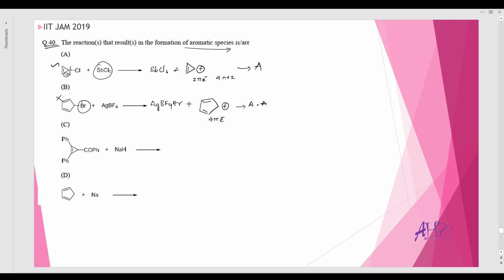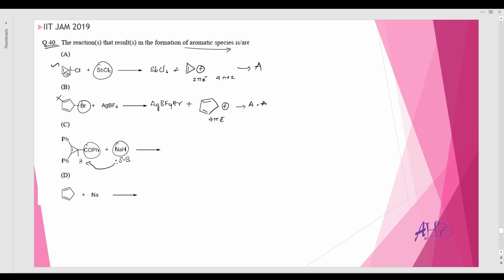ஆப்ஷன் C ல வந்து பாருங்க, ஆப்ஷன் C ல என்ன இருக்குன்னா they have given again ஒரு cyclopropyl ringல வந்து cyclopropyl ring with carbonyl groups கொடுத்துருக்காங்க. ஸோ இங்க என்ன கொடுத்துருக்காங்க, you have your sodium hydride. Sodium hydride என்னது, this is a strong base. So அப்போ என்ன பண்ணும், strong base னா base will always abstract a hydrogen.